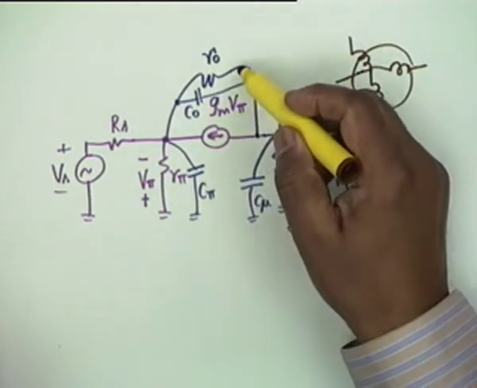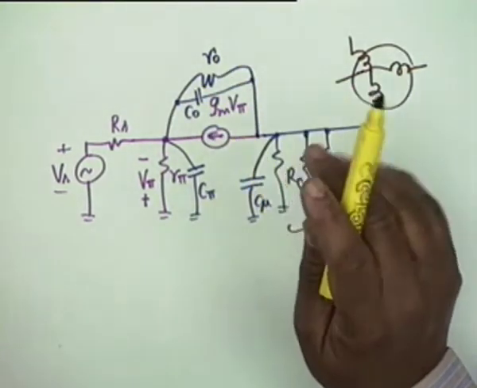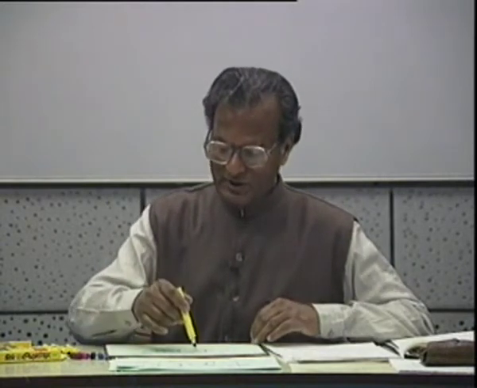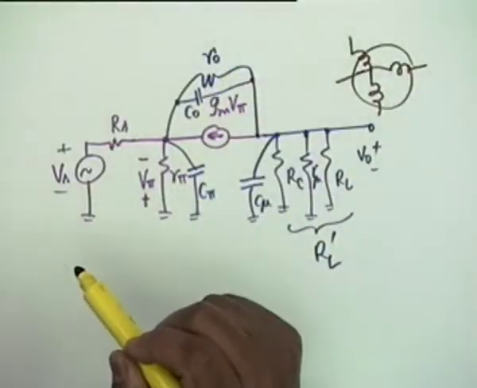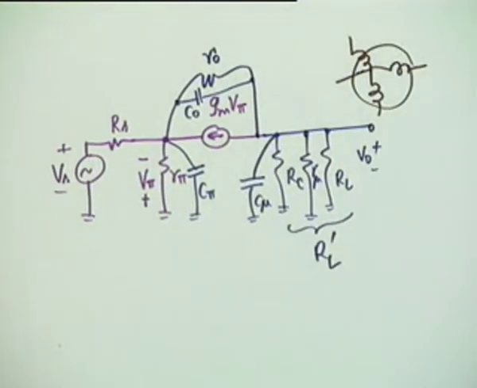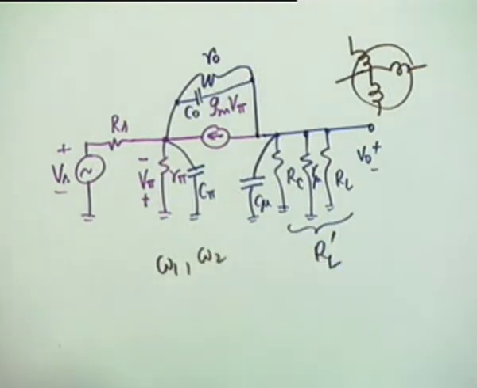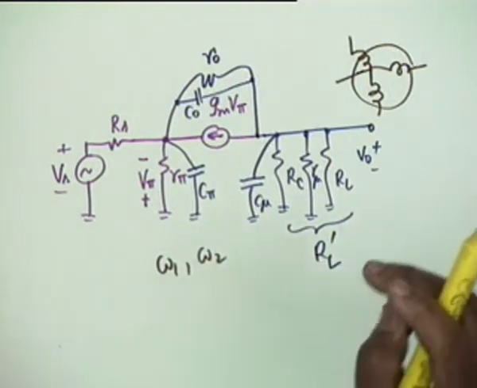Now if you ignore R0 and C0, then these critical frequencies can be obtained explicitly. On the other hand, if you do not ignore R0 and C0, then you get a quadratic which you have to solve for omega 1 and omega 2. But if you had left it as a quadratic and said that omega 1 and omega 2 are the 2 roots of this equation, I have given you full credit.